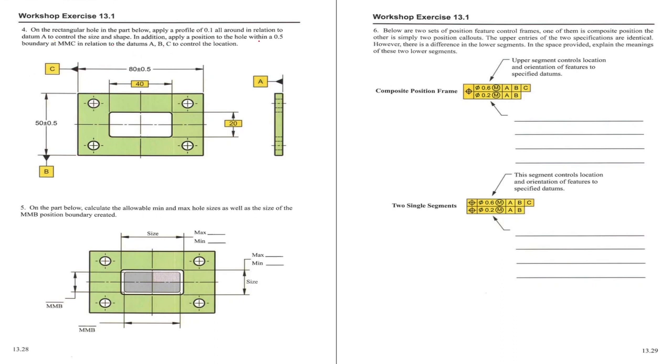In addition, apply position to the hole within 0.5, boundary at MMC, in relationship to datum A, B, and C. First of all, on this rectangular hole, it's an all around symbol, and the profile tolerance I can apply like this. It's a profile tolerance symbol, and the profile tolerance is 0.1, with respect to datum A.